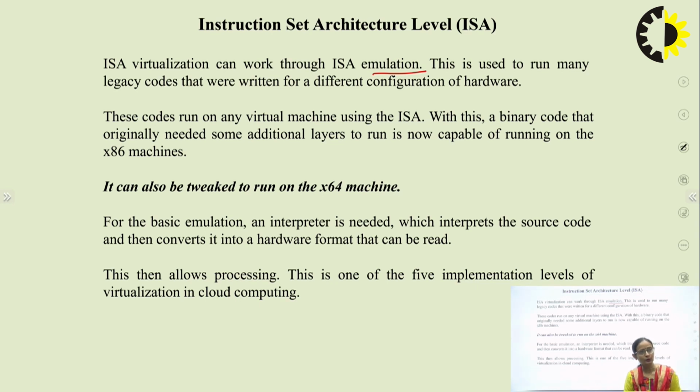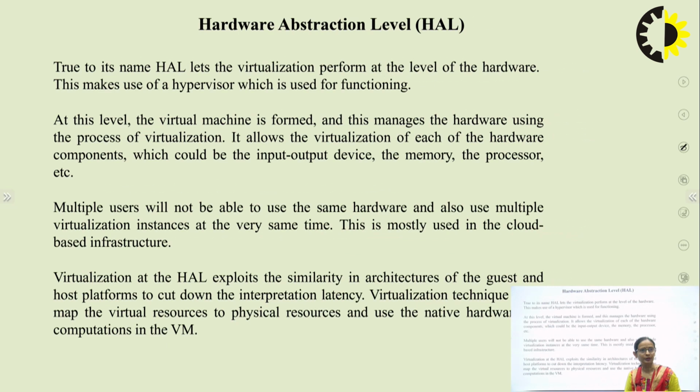It can also be tweaked to run on the x64 machine. For the basic emulation, we need the interpreter, which interprets the source code and then converts it into the hardware format, which can be read by the hardware. This then allows the processing. This is one of the 5 implementation levels of virtualization in cloud computing.